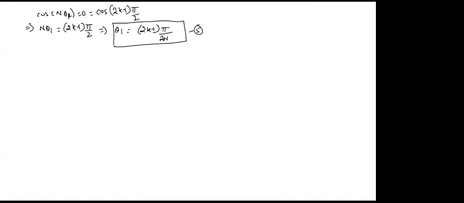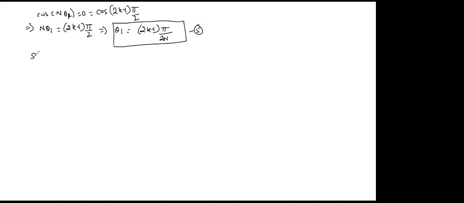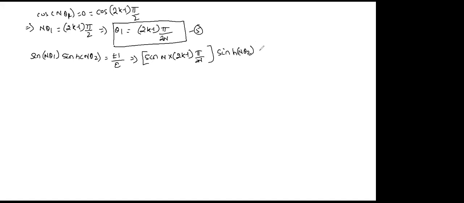Again, from equation 3, sin of n theta 1 sin hyperbolic n theta 2 equals plus or minus 1 by epsilon. Now theta 1 equals this value, so sin of n theta 1 is sin of n times (2k minus 1) pi by 2n, multiplied by sin hyperbolic n theta 2 equals plus or minus 1 by epsilon.